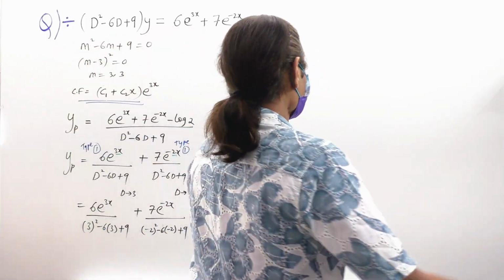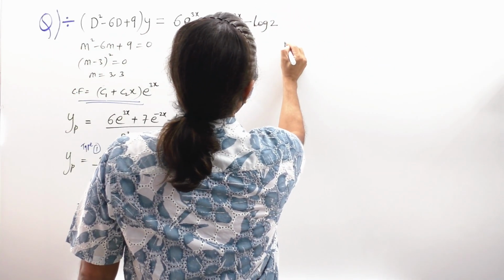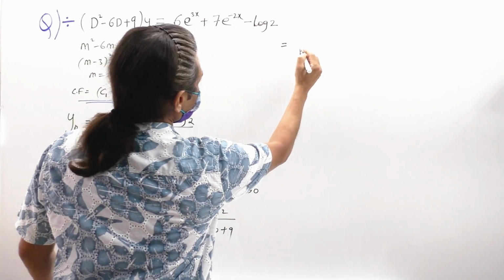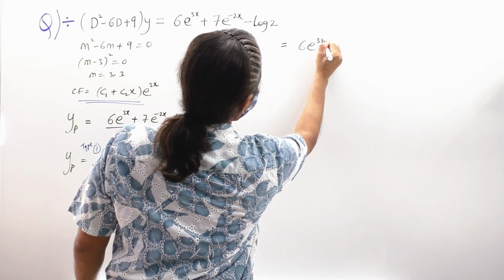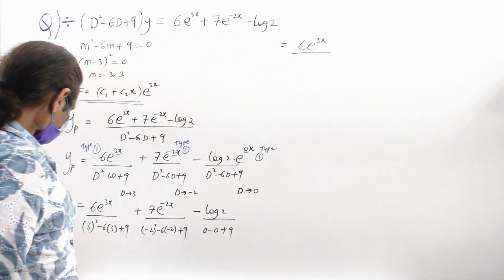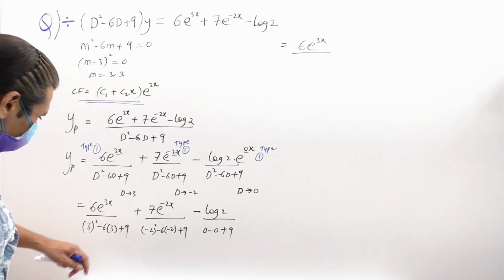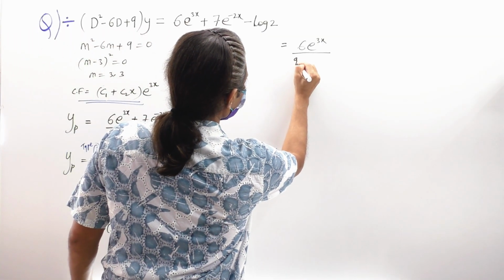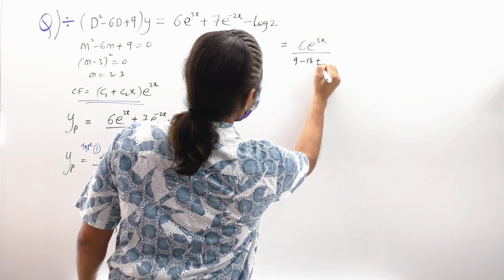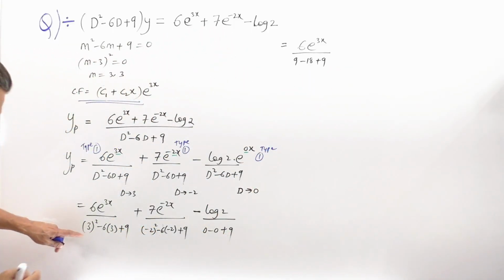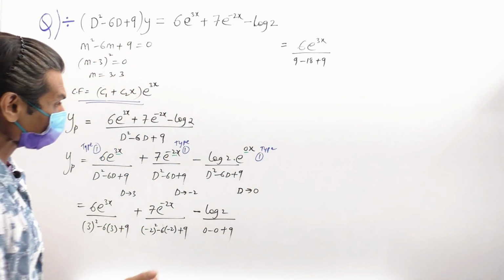They asked 7 marks. So let's write here, that is 6e^(3x) whole divided by, see 9 minus 18 plus 9. 3 squared is 9, 6 times 3 is 18, plus 9.